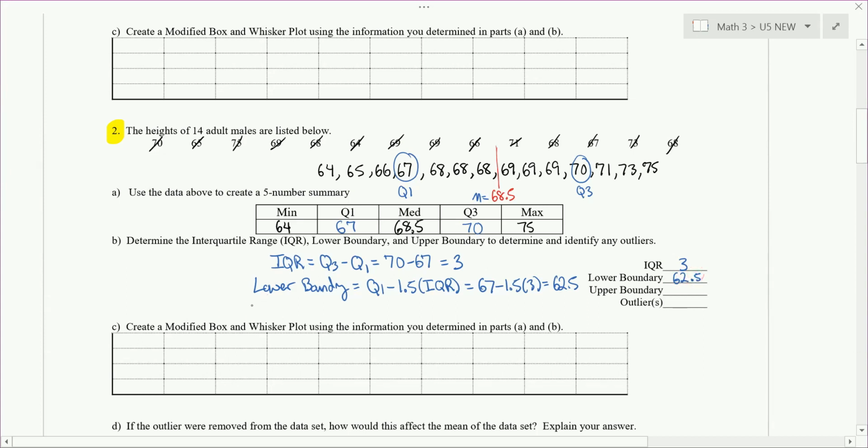Your upper boundary is Q3 plus 1.5 times the IQR. So in this case it would be 70 plus 1.5 times 3, which comes out to 74.5.